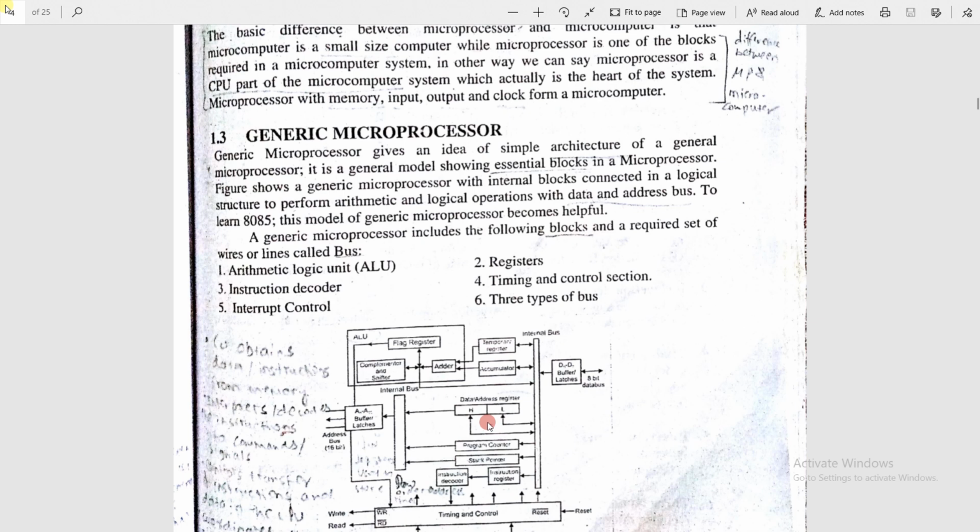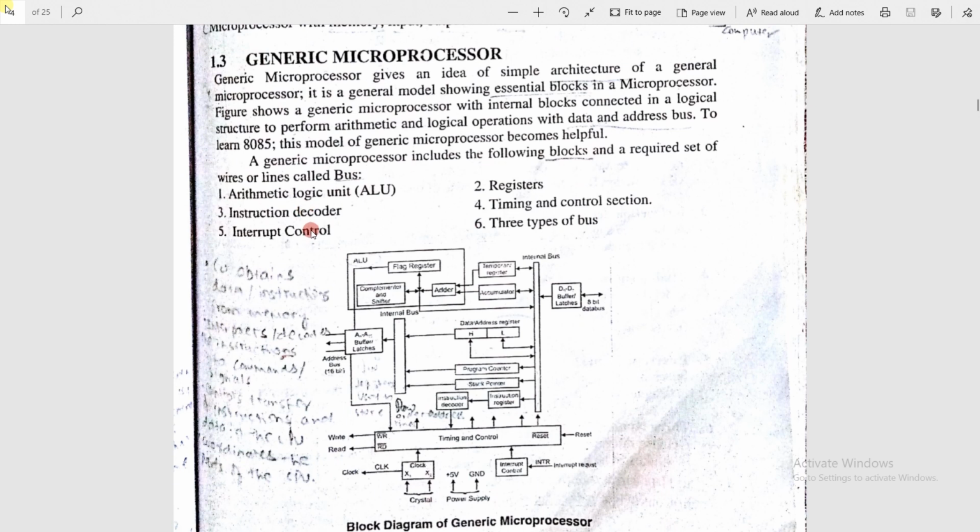This generic microprocessor has all the essential blocks a processor has. So if we understand the generic microprocessor, then it will be easy for us to understand the 8085 microprocessor.